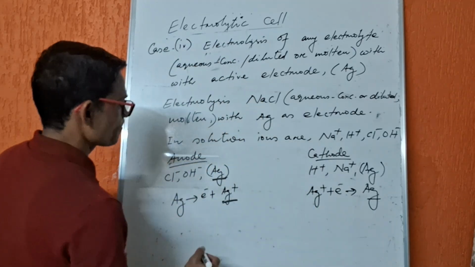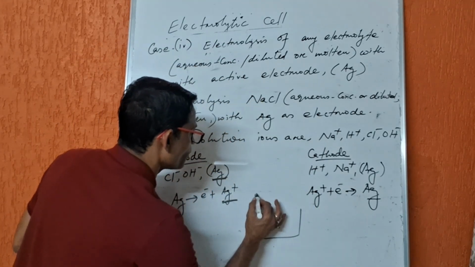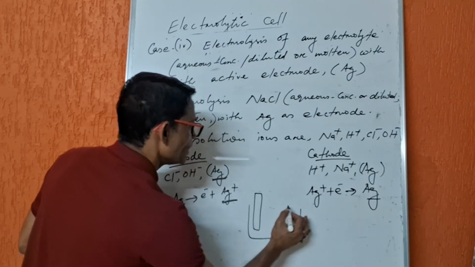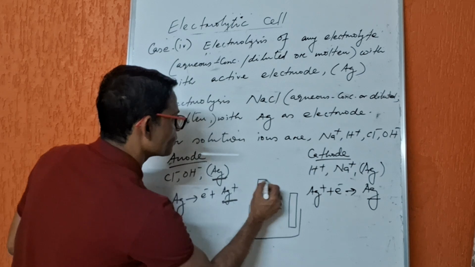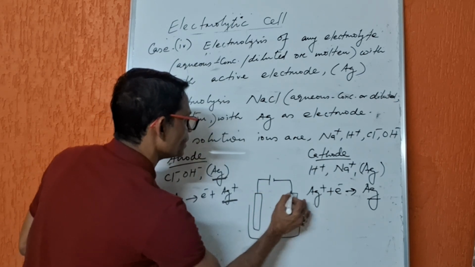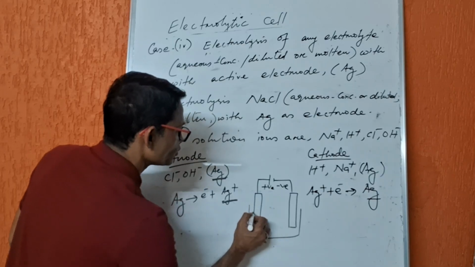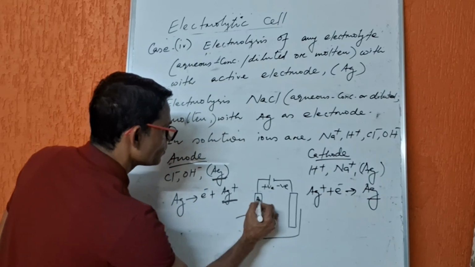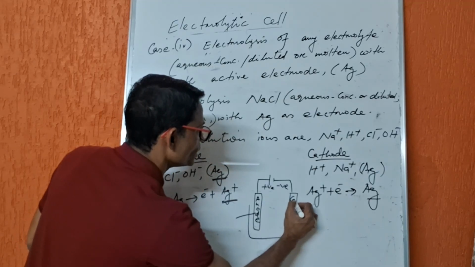In that case, an impure electrode is used. Suppose an impure electrode is used here, positive and negative. This one is the anode, this one is the cathode.